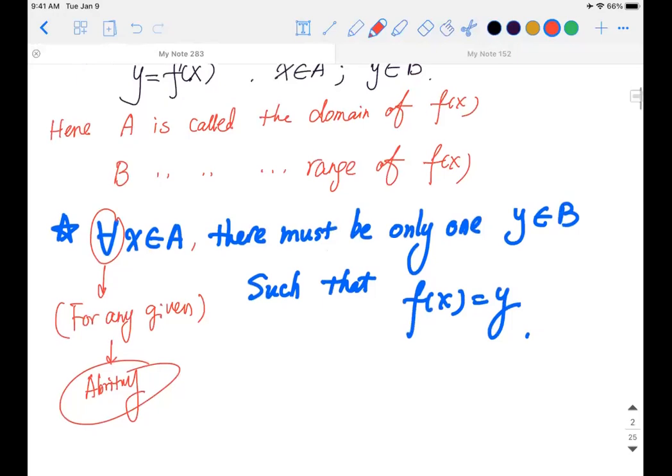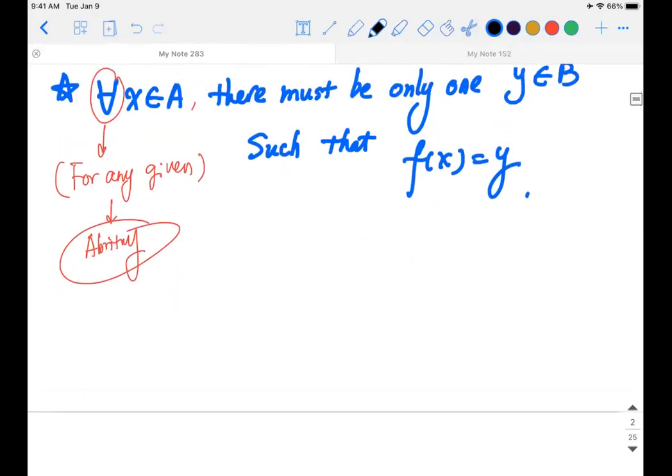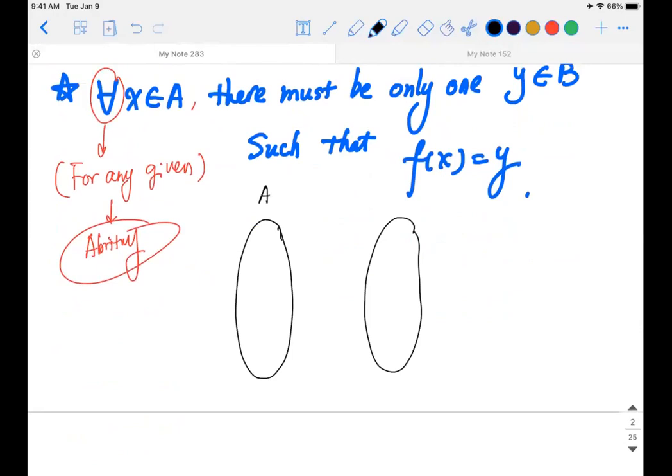So how do we understand that? Let's have a quick review. At the very beginning, we said the function is defined as a relationship from one set to the other set. Let's say this is A, this is B. Let's say I have items A1, A2, A3, and B1, B2, B3, to make our life a little easier.